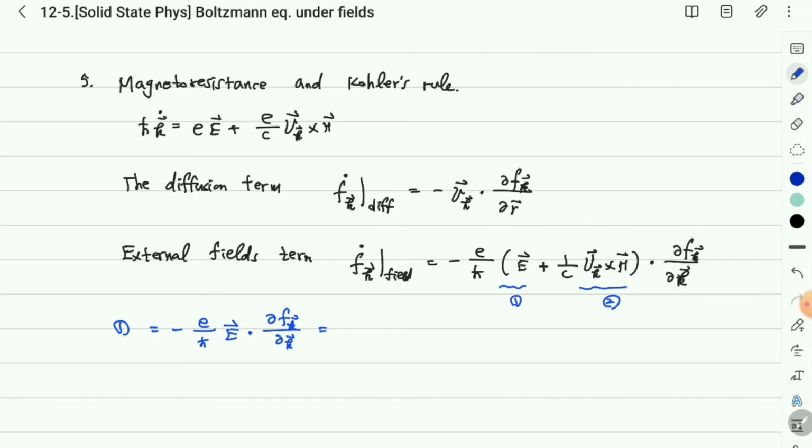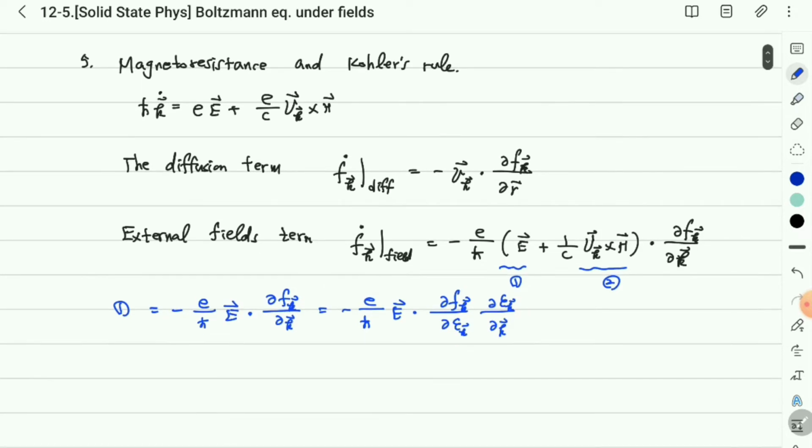Let's define this as minus e over h bar, E times partial f_k over partial epsilon_k, times partial epsilon_k over partial k. This energy is h bar squared k squared over 2m for free particles, and the derivative of epsilon with respect to k is h bar squared k over m.